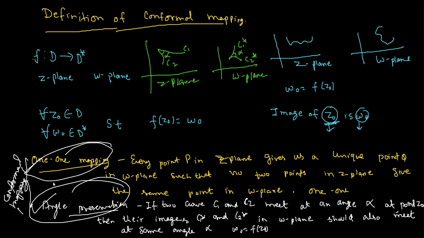If these two conditions are satisfied, then this is a conformal mapping. This is conformal mapping on the basis of curves. Further, I will tell you about conformal mapping with the help of bilinear transformation in the later section.